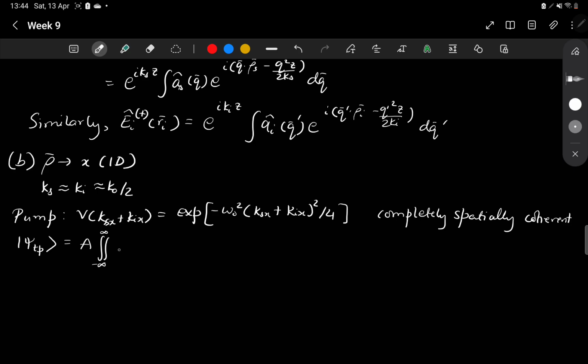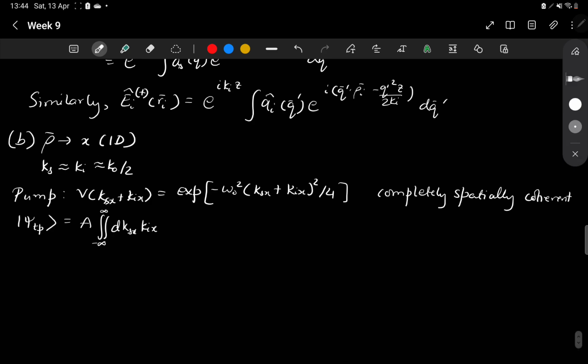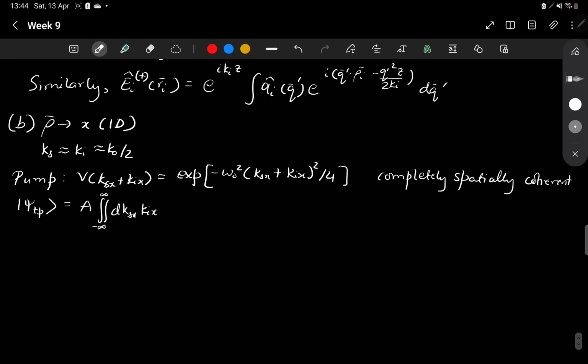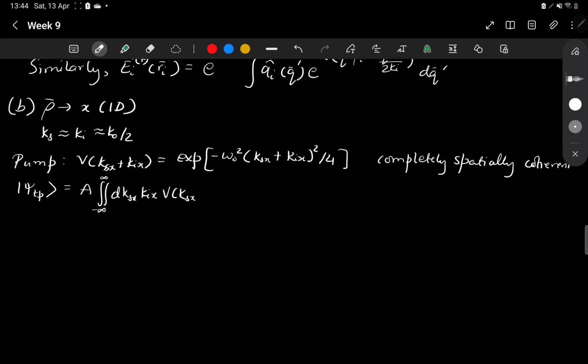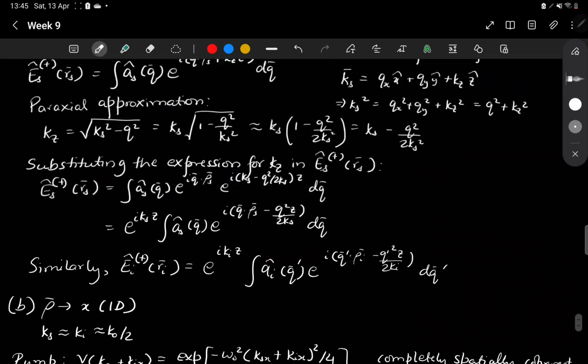This is psi TP for 1D, where we are replacing rho with x and q with kx.